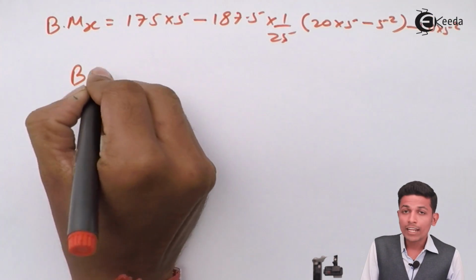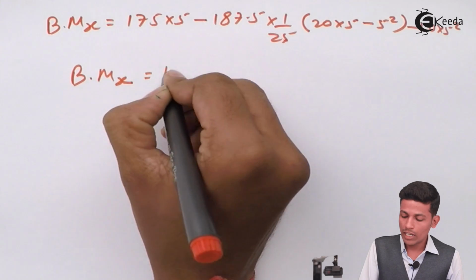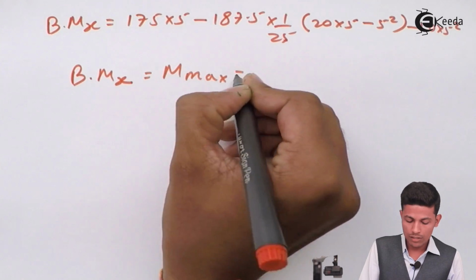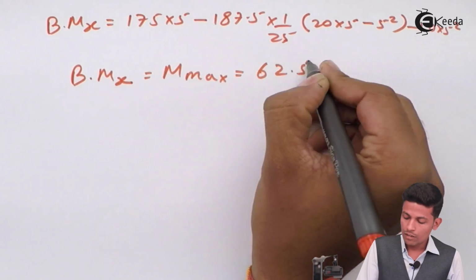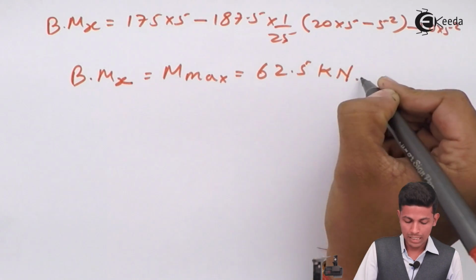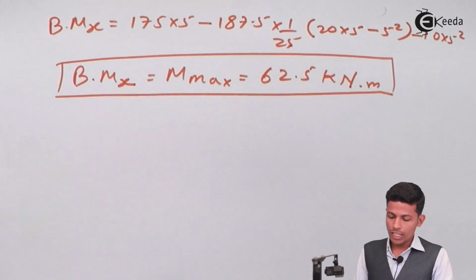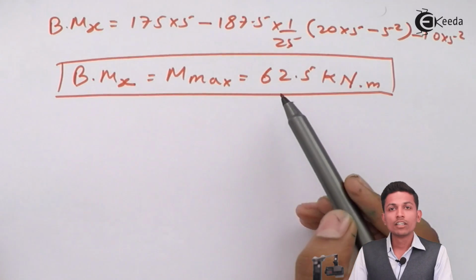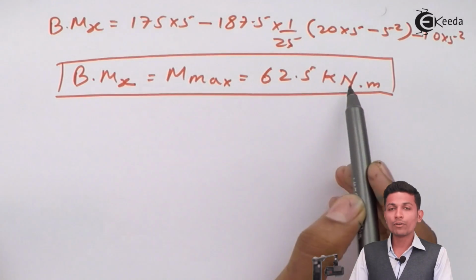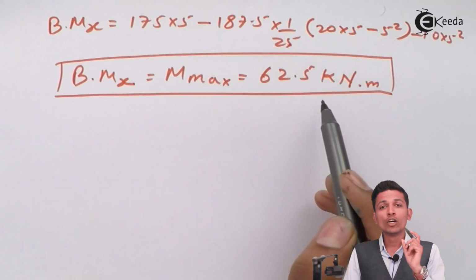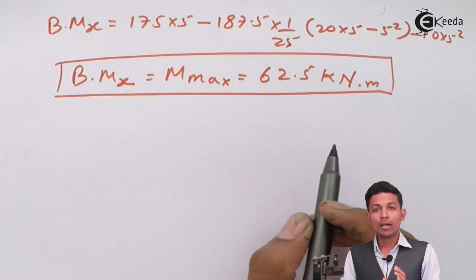So M max is equal to 62.5 kilonewton meter. Now see friends, 62.5 kilonewton meter is coming positive, so it's the maximum positive bending moment.